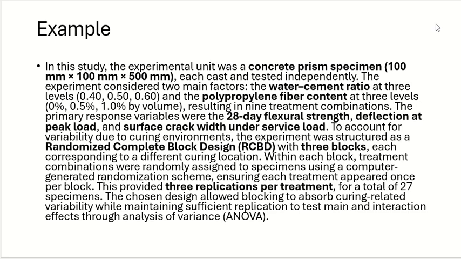Factor 2 is fiber, polypropylene fiber. It also has three levels. So you have 3 of the first and 3 of the second, 3 times 3, which gives 9 combinations. And then you have the primary response variable, what you are testing, which is the 28-day flexural strength.